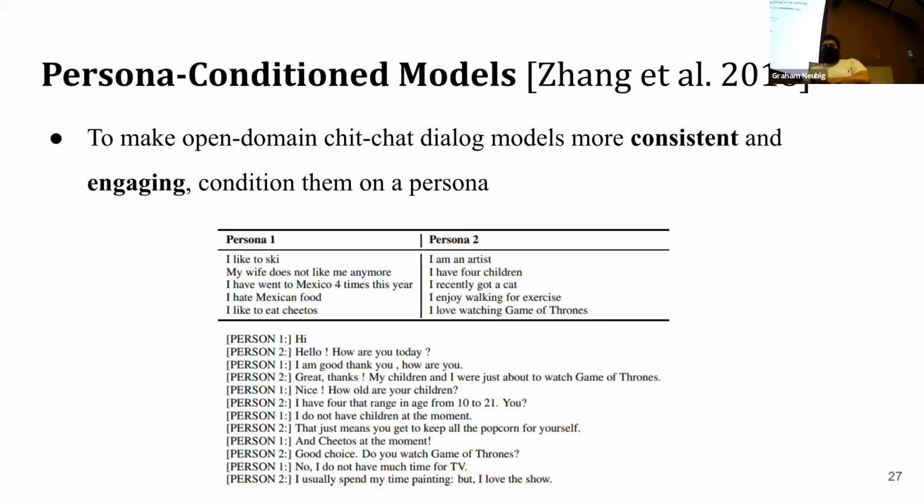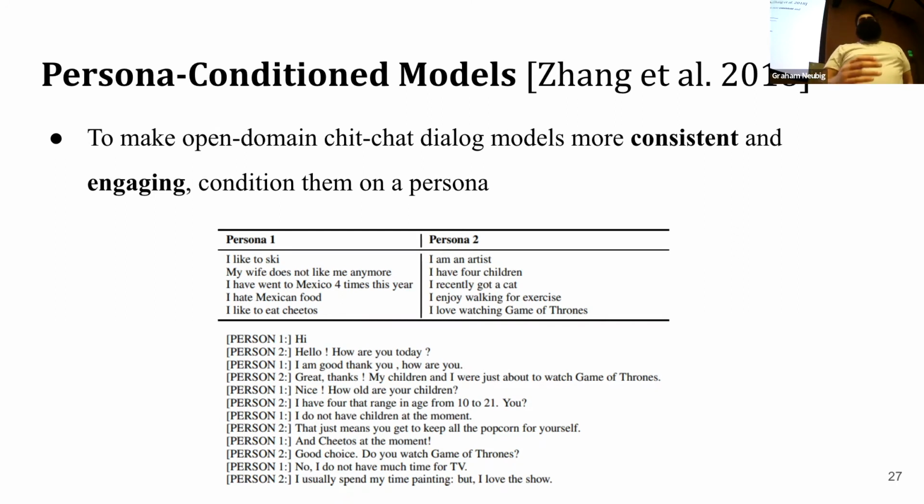Another thing that people did in order to make open domain chit chat models more consistent as well as more engaging is they conditioned response generation on personas. So what would happen here is that a response generation system would have a set of facts that serve as their persona, things like I like to ski, my wife doesn't like me anymore, I went to Mexico 4 times this year.